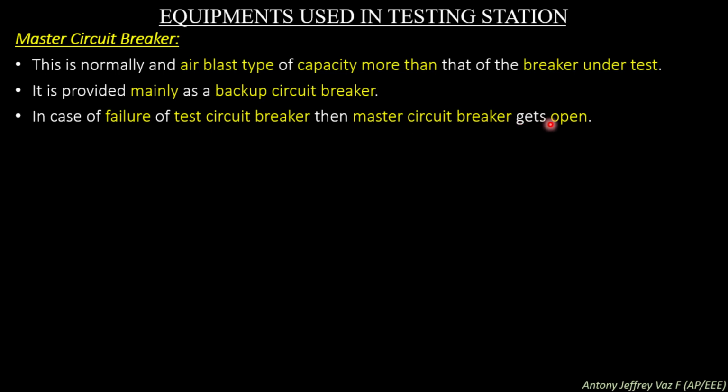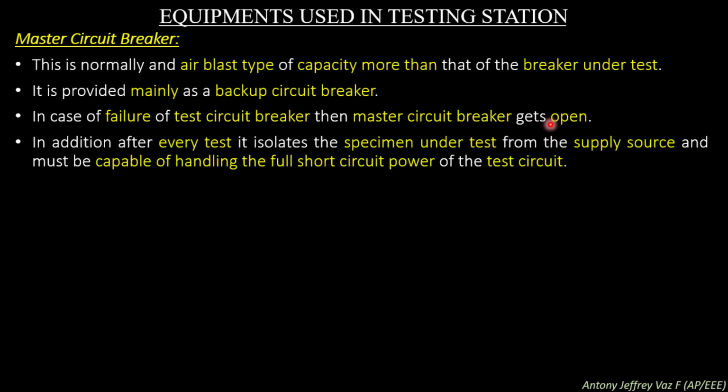In case of failure of the test circuit breaker, the master circuit breaker opens. If a short circuit test is conducted on a test circuit breaker and that breaker fails, then at once the master circuit breaker opens. In addition, after every test it isolates the specimen under test from the supply source and must be capable of handling the full short circuit power of the test circuit.